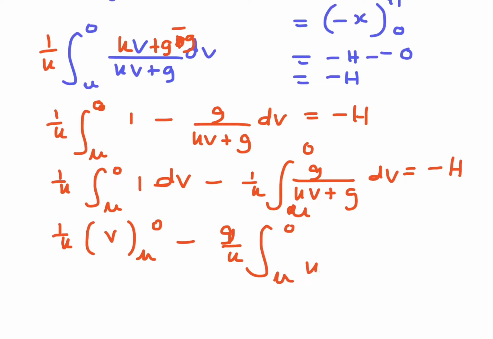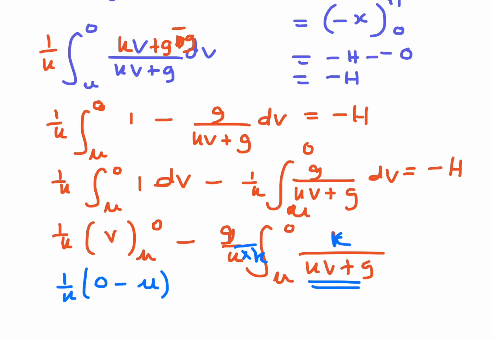Mu to 0, kv plus g, and that's a 1. So the derivative of kv plus g is k. So I'll put a k in there, but then I'll also divide by k. So we have 1 on k g minus mu minus g on k squared, and then this is going to now be ln kv plus g equals minus h.